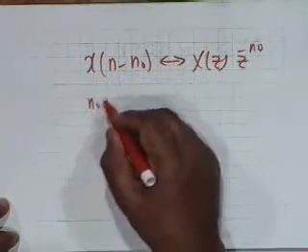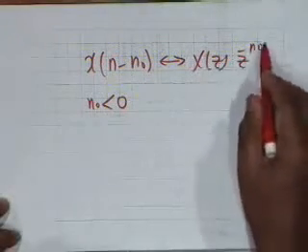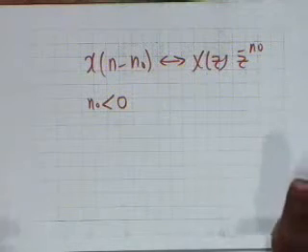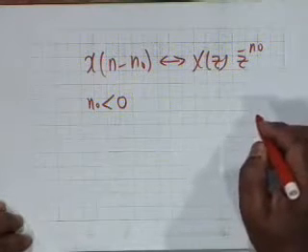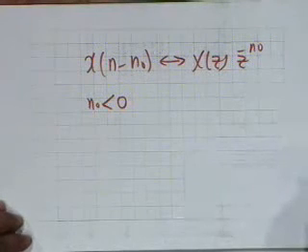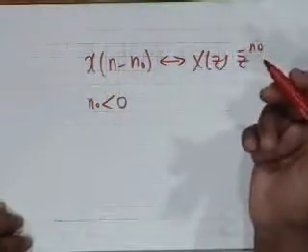If n0 is less than 0, that is a negative integer, then obviously you are creating zeros at the origin. Now zeros at the origin are permitted, but if there are zeros at the origin, then obviously there will be poles at infinity, and then it is the infinity point or the infinite region that you have to bother about.